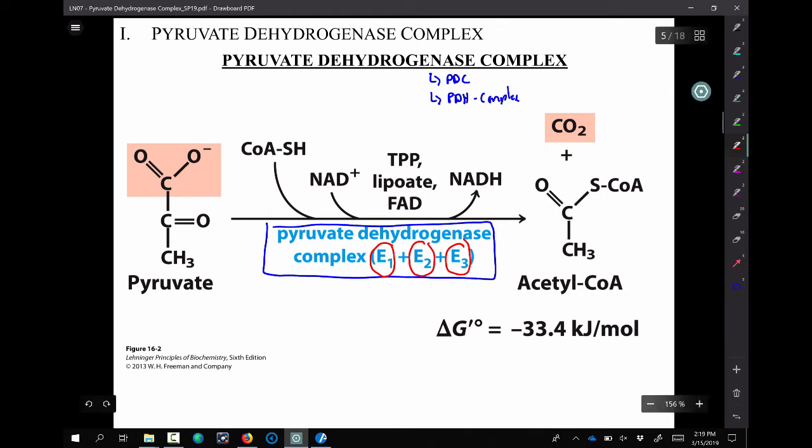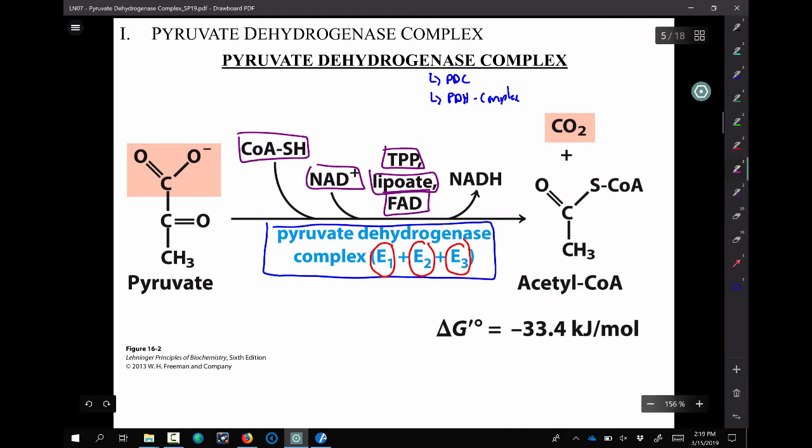The enzyme also requires 5 different coenzymes. So this is a fairly major process in the cell that requires a significant source of coenzymes and a really large enzyme complex. That's going to make acetyl-CoA.